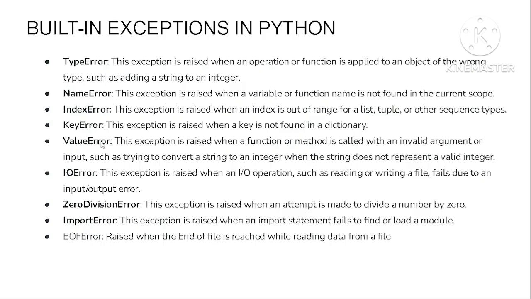ValueError, when you give an incorrect value for conversion or any other function. Then IOError, when you read a file. Then ZeroDivisionError, and ImportError, when you try to import a module. EOFError, the end of file error, is raised when the end of file condition occurs while you read a file. So these are the different exceptions that can be handled in Python.